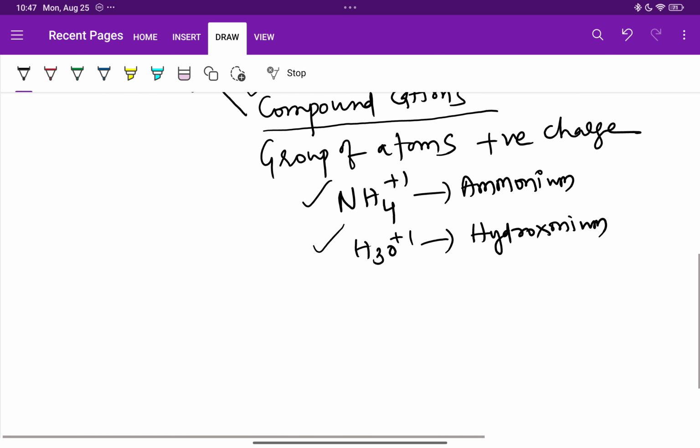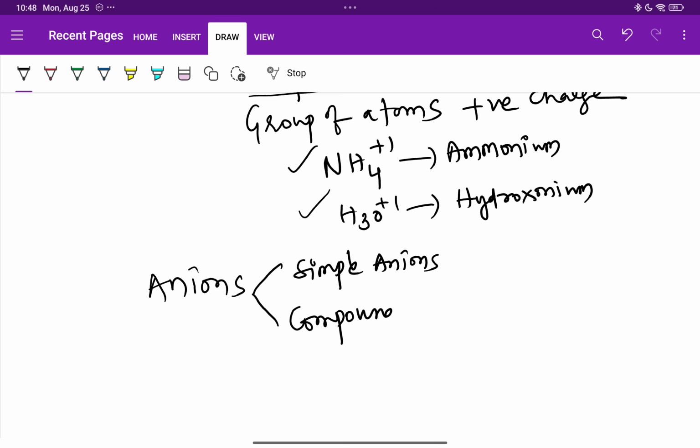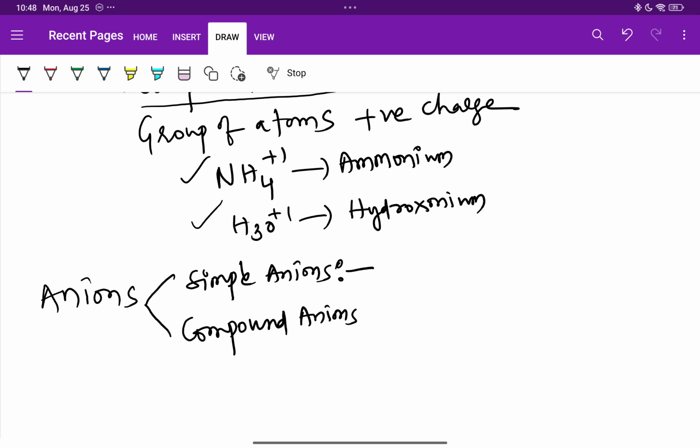At the same time, we have anions also, classified into two types: simple anions and compound anions. Simple anion is nothing but on the single atom negative charge is present.